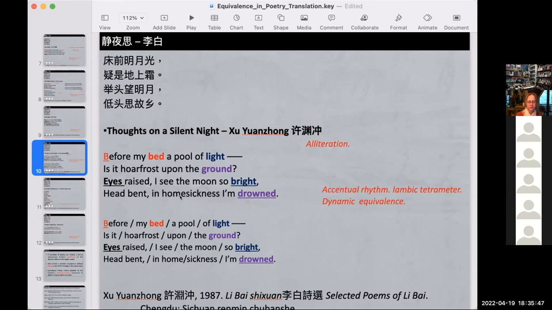And also "in homesickness, I'm drowned." Very unnatural. Not natural English, right? He has to sacrifice because he wants to end with "drowned." If we understand that, we may excuse him. So it depends on the reader. Some Western readers don't prefer it this way. They don't like to read translation in such a way. It depends.